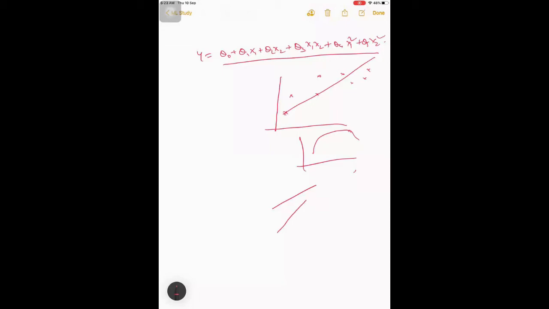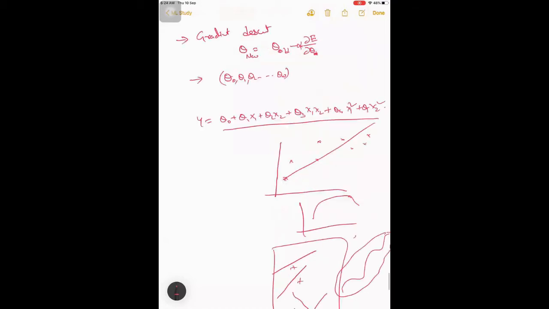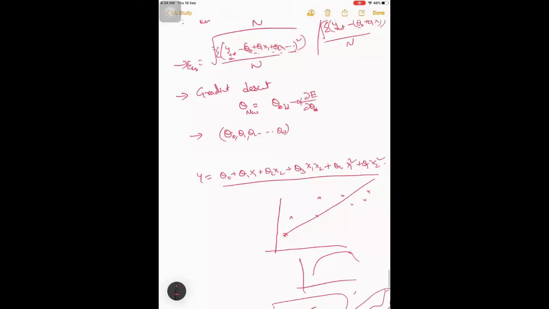Similarly, x1 x2 will usually be a graph like this. You have x1 square like this, and x2 square also like this. If you add all of these together, we finally get some curve like this. So this kind of complex curve we will also be able to learn.